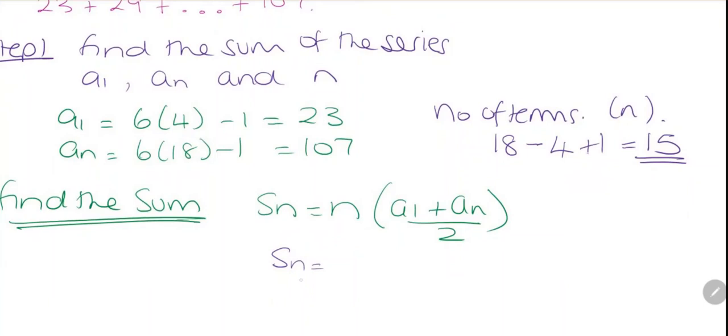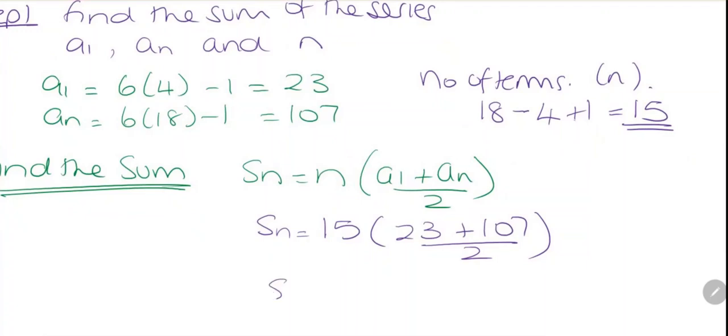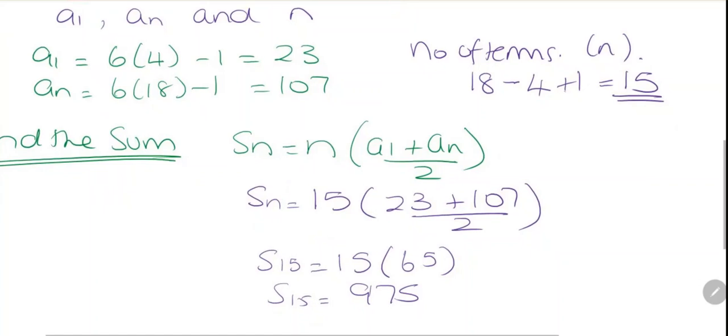So the sum we can put in here is 15. A1 is 23. AN is 107, and that's divided by 2. So the sum of our 15 values is going to be 15 multiplied by 65, which is 975.